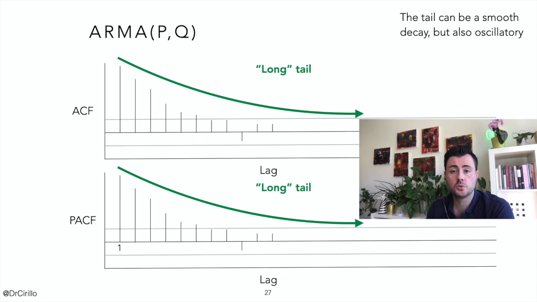Then, in order to understand what is the correct p and what is the correct q, we can have some educated guess by looking at which of the two plots has the longest memory. But we will go into more detail in the applied part of our lesson. For the moment, it is sufficient to stress that in the ACF-PACF graphical comparison, in case of an ARMA model, we see a long memory in both plots.